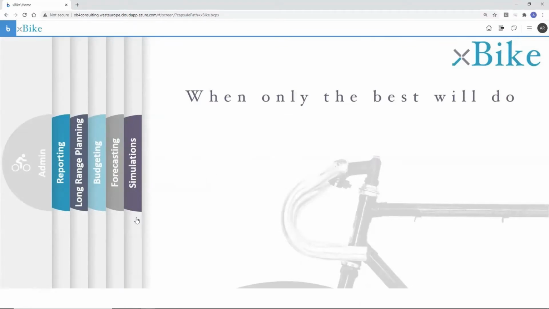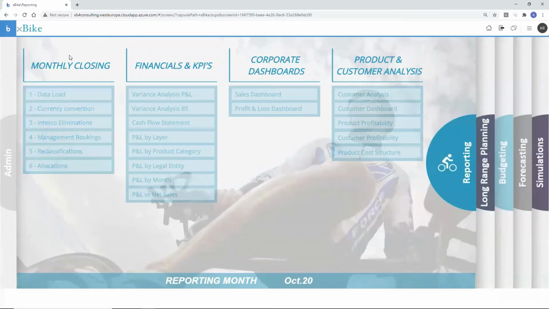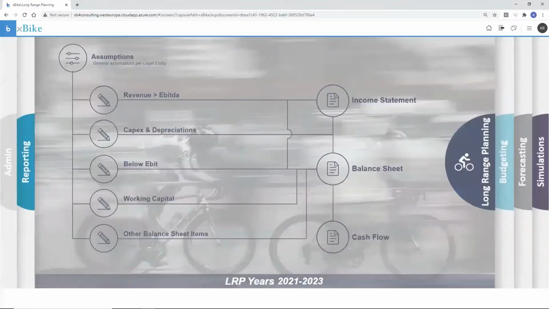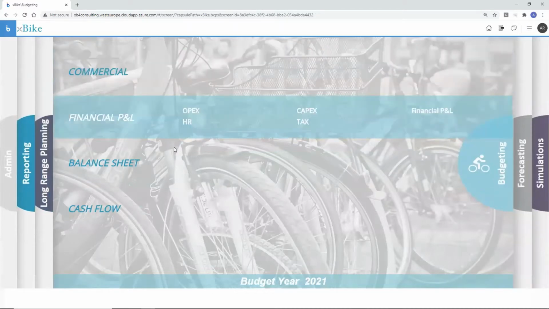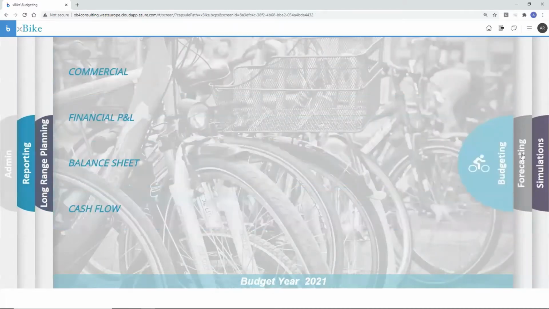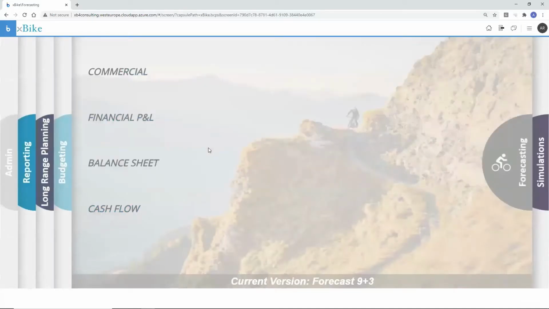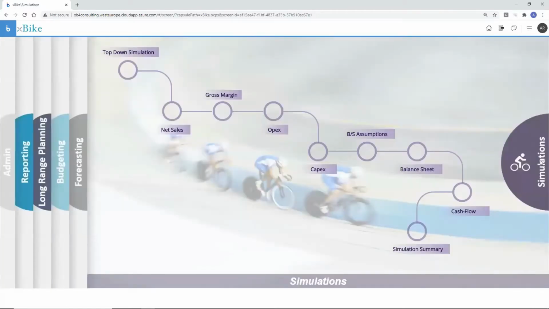The application covers different areas such as the management reporting, as you can see here, which covers the full monthly closing, some reports, the long-range business planning on several years, the budgeting process on commercial part, financial P&L, balance sheet, cash flow, the same for forecasting, monthly forecast or quarterly forecast, would it be rolling or normal forecast, and also some simulation functionalities to do top-down or bottom-up simulations on different parts of the P&L, balance sheet, and cash flow.